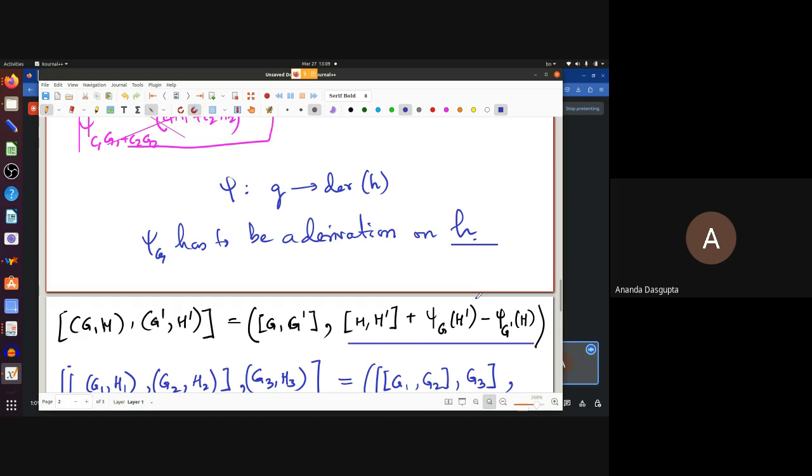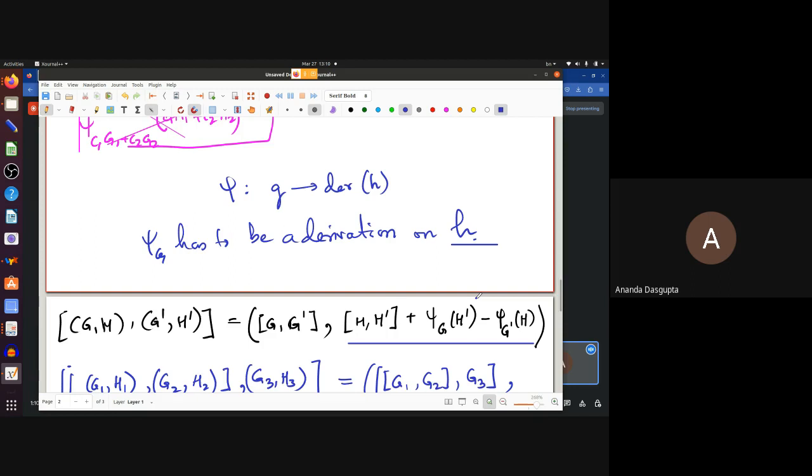This is again an obvious consequence of the fact that the direct product of groups is a special case of semi-direct product of groups, right? Because in that case, what happens? In a semi-direct product, the first group has to act on the second group element and then combine with the other second group element.